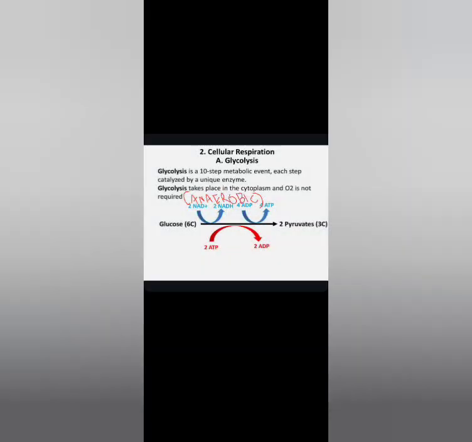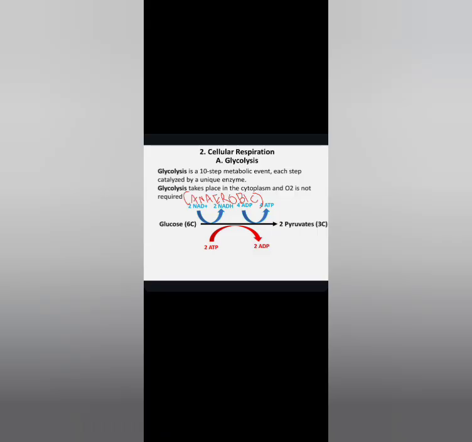This is the very general overview of glycolysis. You start with one glucose molecule, which has 6 carbons. Through a series of 10 chemical reactions, you will be investing 2 ATPs, using up 2 molecules of energy. So 2 ATPs are hydrolyzed into 2 ADP.